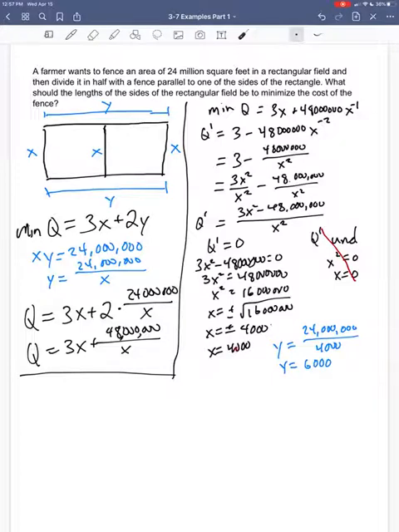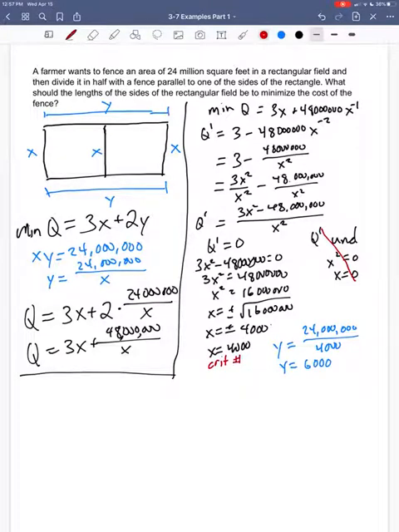The question is, is this really a minimum for the perimeter of this, or not really perimeter, for the total amount of fencing that I have? To decide if it's really a minimum or a maximum, I want to look at this solution. x equals 4,000 is my critical number.